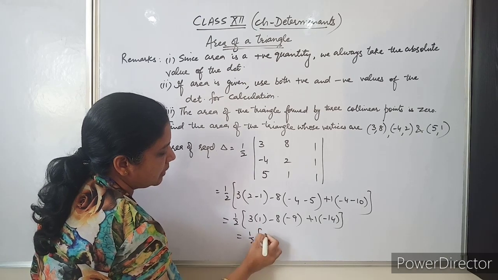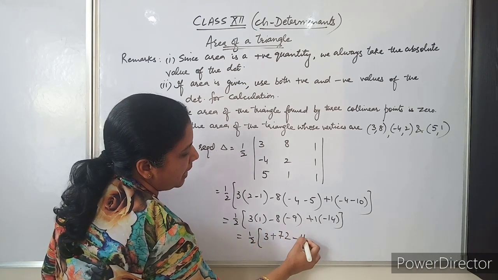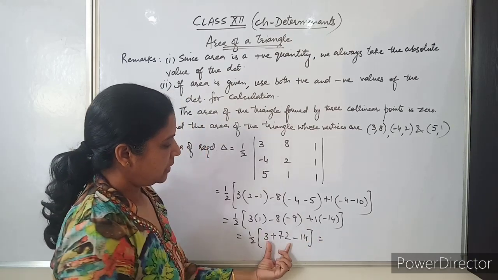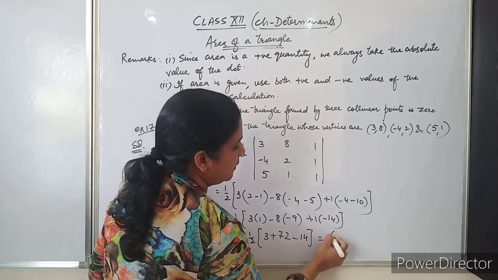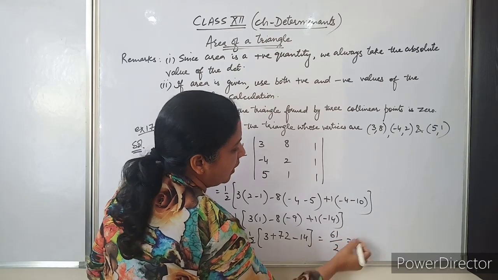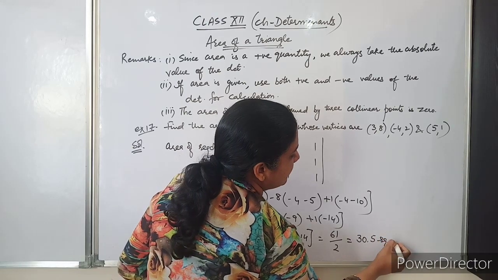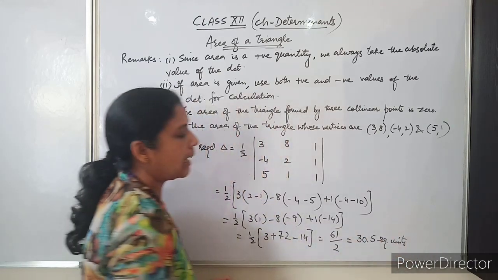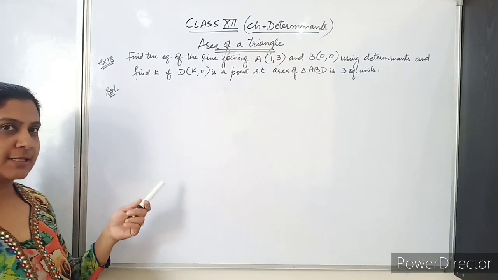That gives us 3 plus 72 minus 14. 72 plus 3 is 75, and 75 minus 14 gives you 61 upon 2, that is 30.5 square units.